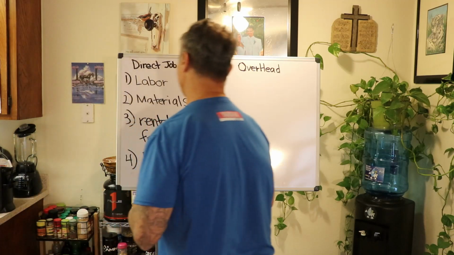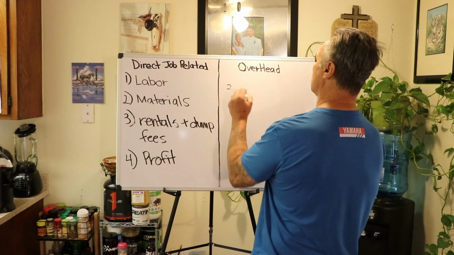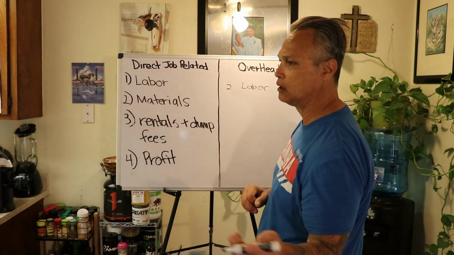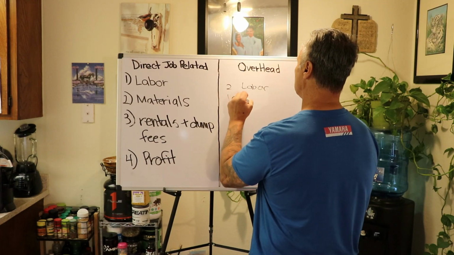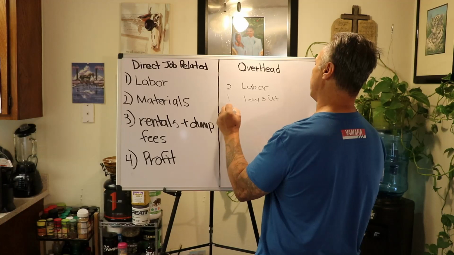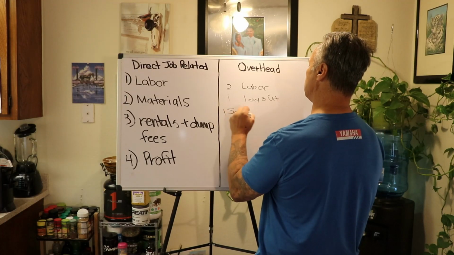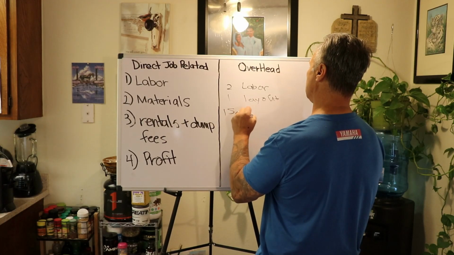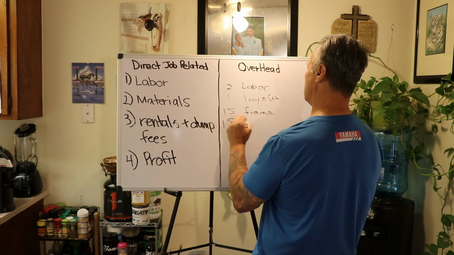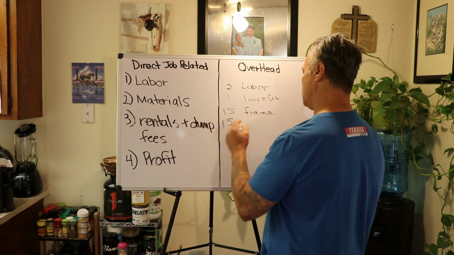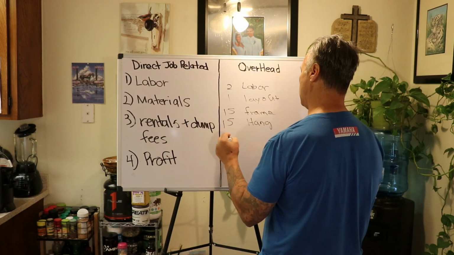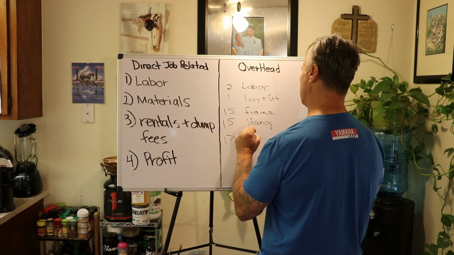Then if I think the job is going to take 1 man day to lay it out, I'll put 1 to lay out. If I figure it's going to take 15 man days to frame it, I add that up. Let's say 15 man days to hang it, and then 17 man days to finish it.